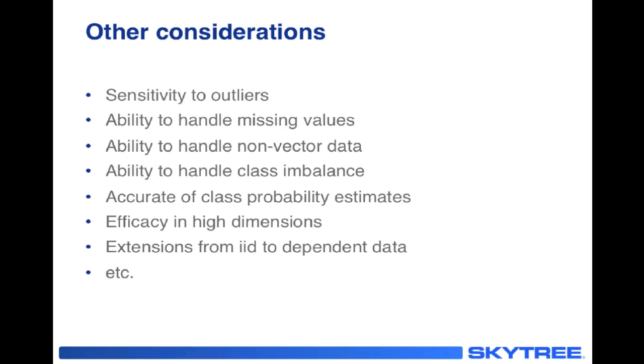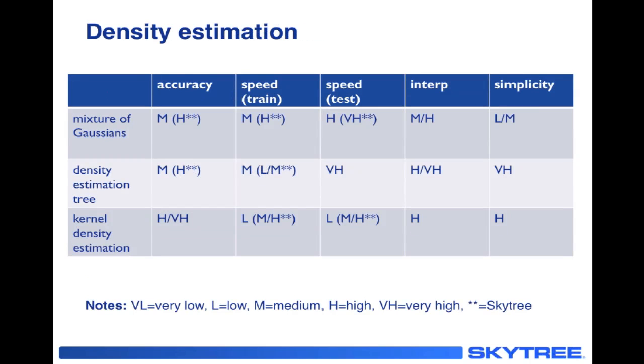Dependent data would be something like a time series, where the rows are ordered by time, let's say it's a stock price, then these methods here don't directly apply, although there is a way to apply them. Okay, so I won't really go into all of this stuff, but you can ask about it in the Q&A. But there's way too much to say about each method there.